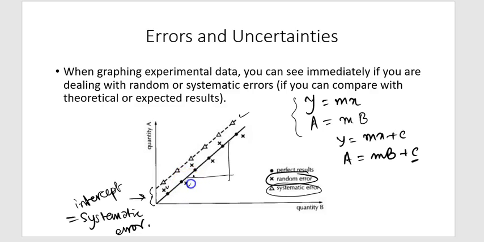So these values actually represent those deviations. So that represents the random error. And the closer these are to this perfect line, the less the random error is.